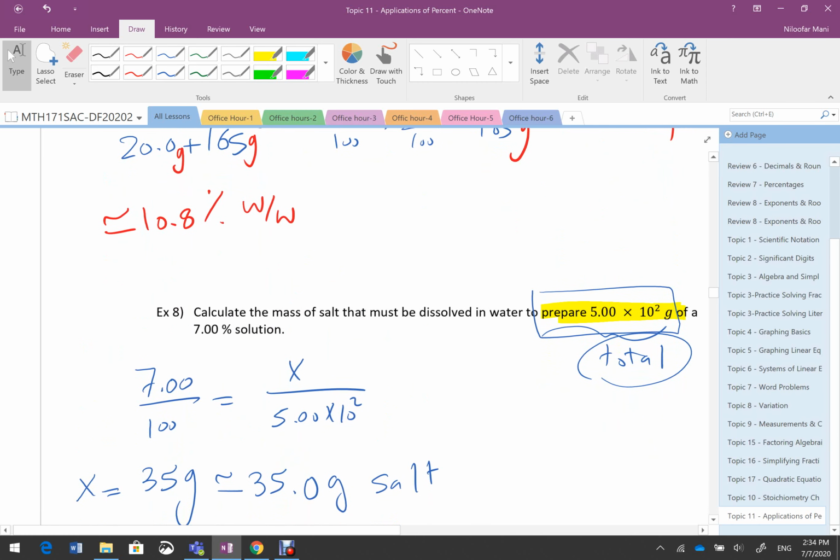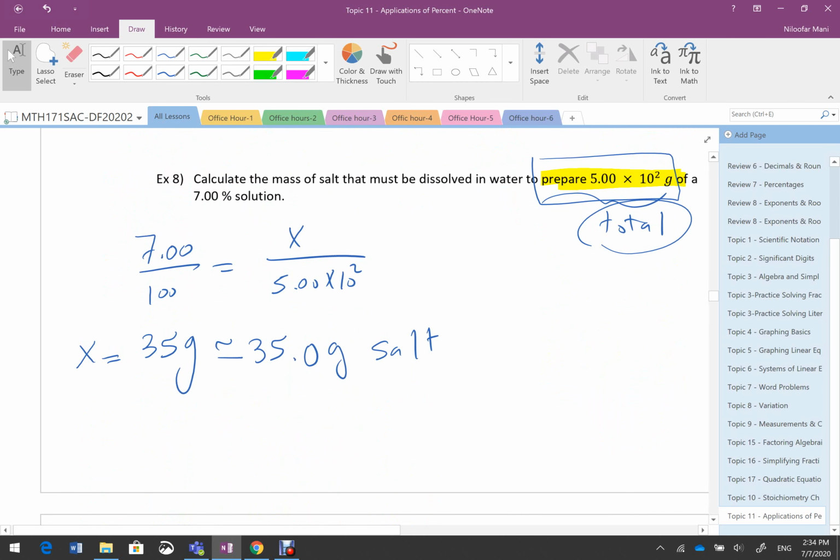Here I can say, in order to have a 7% solution, we need 35 grams of salt to be dissolved and make this many grams of solution.